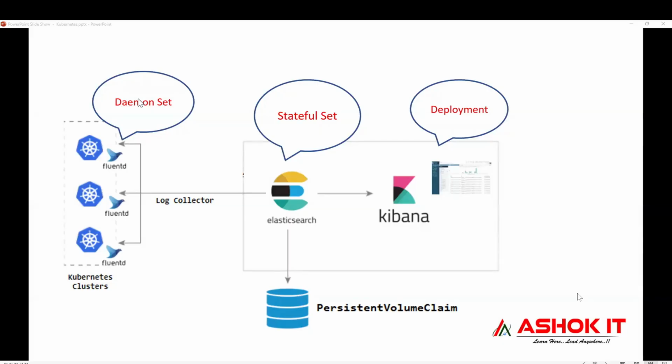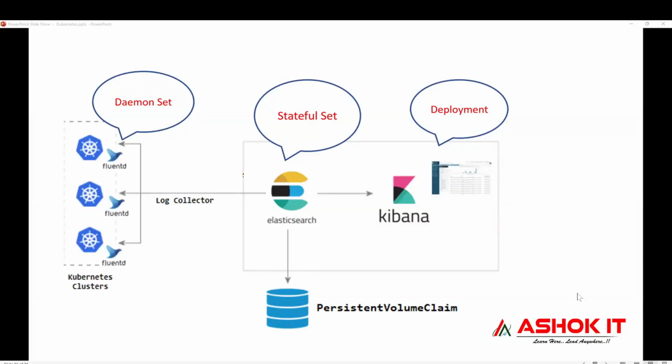Okay. So these are the three types of Kubernetes resources we are going to use to set up the EFK stack in the Kubernetes cluster. What is the purpose of this EFK stack? It is used to monitor the resources of Kubernetes.